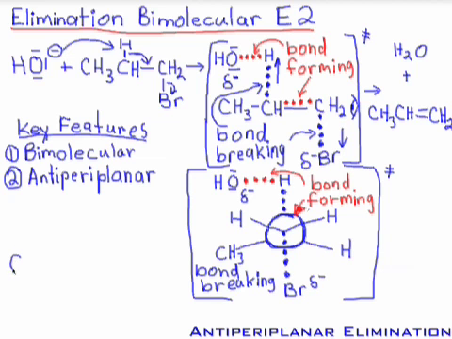So if I draw this again, as the bromine and hydrogen leave, the 2p's that are forming are of proper orientation to allow side-to-side bonding.